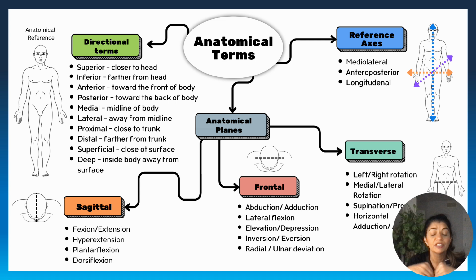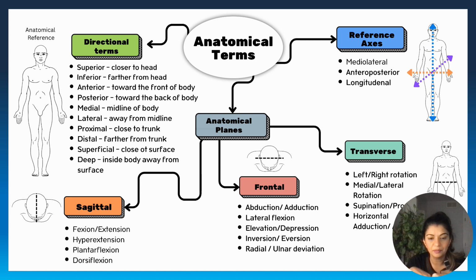So here in anatomical terms, we've got the reference axes, medial, lateral, anterior, posterior, and longitudinal. And then we've got directional terms, which there are a plethora of them. The few that we didn't talk about is deep and superficial. Superficial obviously is very close to the surface, and deep is going to be way inside the body, away from the surface.